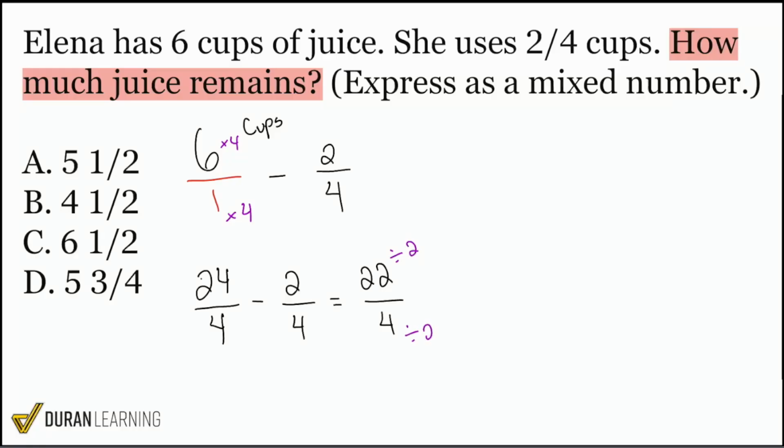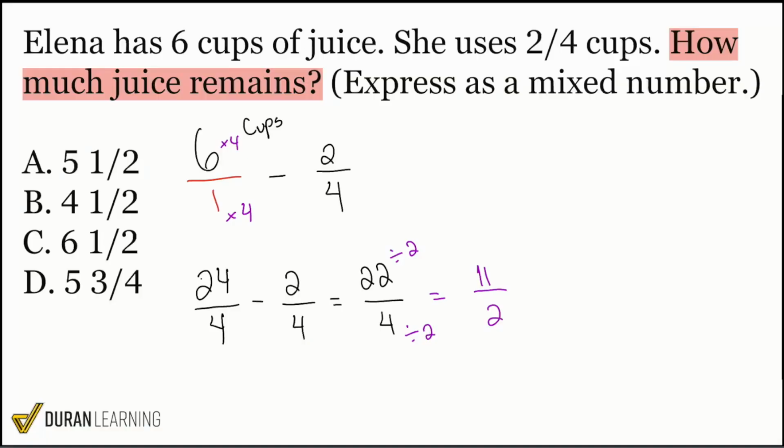If I divide the 2 out from both, I end up getting 11 over 2. Now I can go ahead and more calmly change it into a mixed number, and I know it'll already be in simplest form.